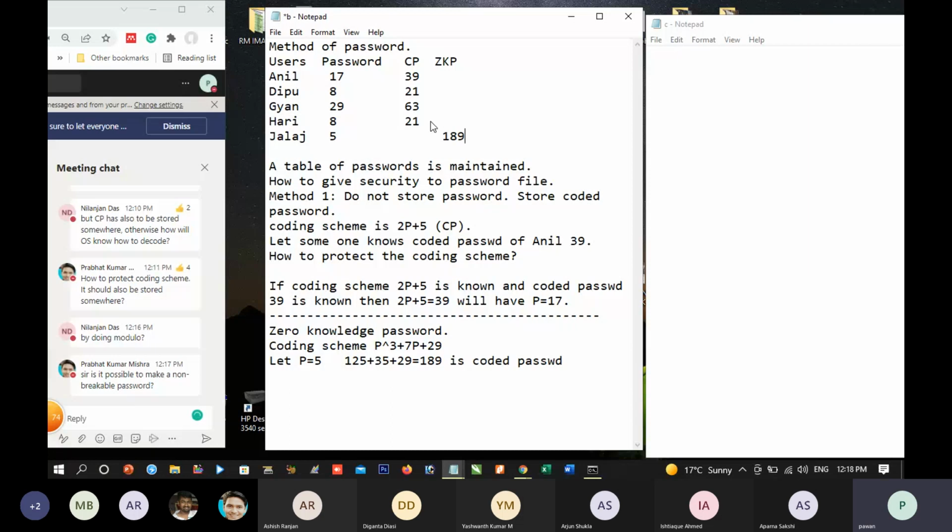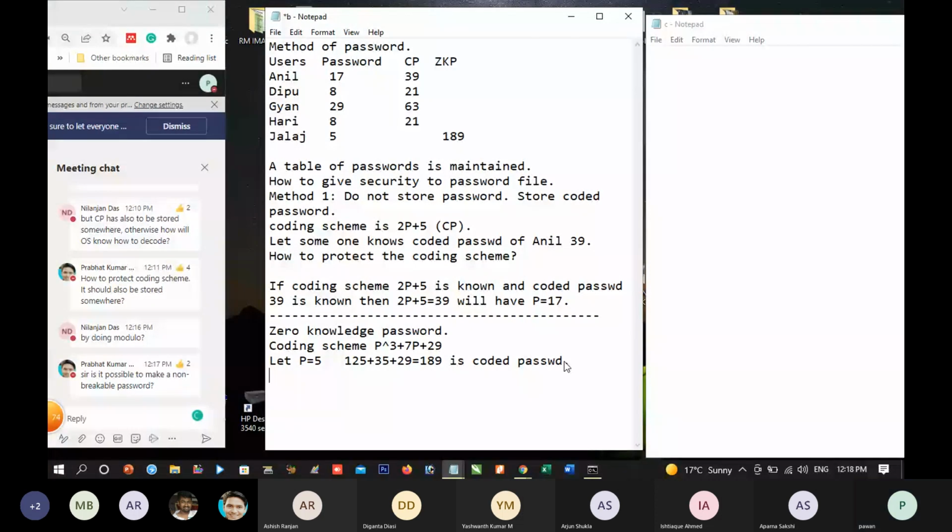That is, what do you mean by saying non-breakable password? Now, what is a zero knowledge password? The coding scheme is such that the decoding scheme is not known.